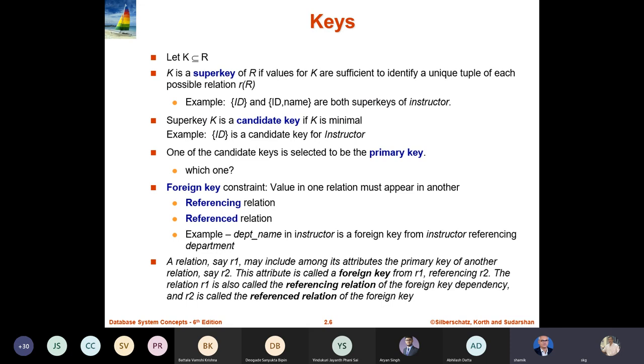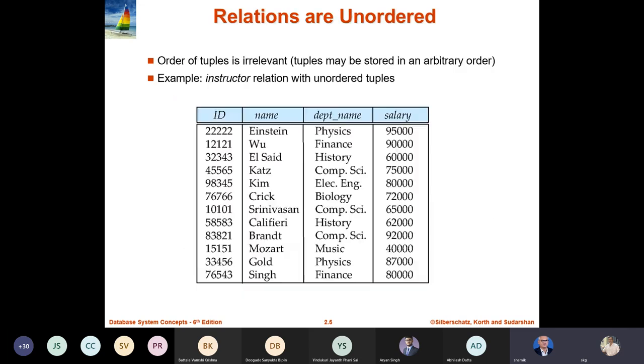Right? So there is another thing which we call a foreign key. A relation R1 may include among its attributes the primary key of another relation R2. Like I can have here, instead of department name, which we consider unique, maybe a department ID.